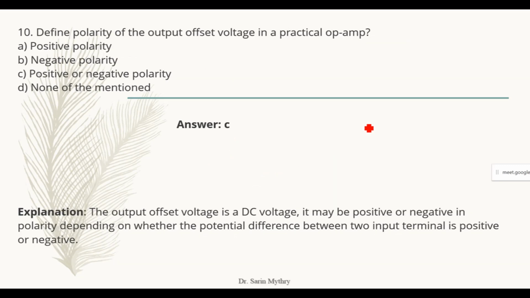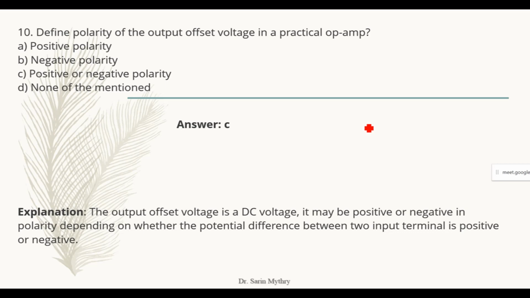Define the polarity of an output offset voltage in a practical op-amp. You are supposed to define the polarity of an output offset voltage in an op-amp. See, we have seen in many experiments conducted in the laboratory that the output offset voltage can be plus.